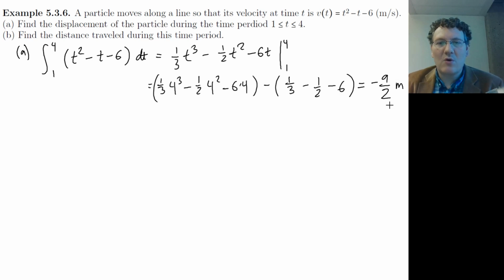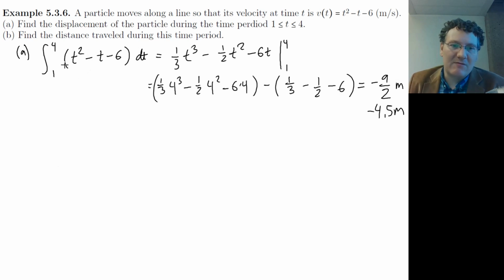So what this means is the net change is that it's gone backwards 4.5 meters. That's negative 4.5 meters. Now the distance traveled is going to be different if this thing wasn't going forward the entire time. Let's think, is the velocity ever 0?